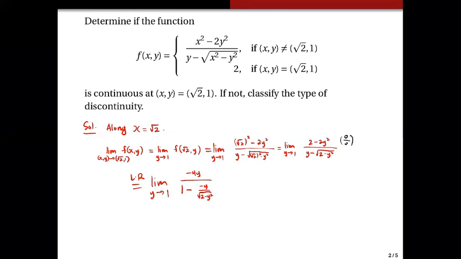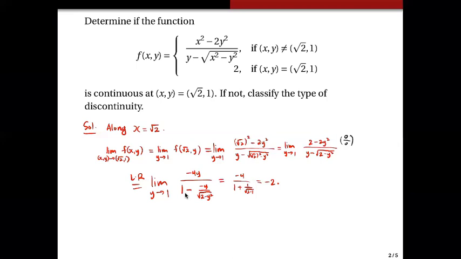But if we evaluate y equals 1, we'll just have -4 in the numerator. On the denominator, this is minus and then this is minus, it becomes plus. So we will have 1 plus 1 over the denominator, square root of 2 minus 1. So this is equal to what? -2. So at least we got some value for the limit.